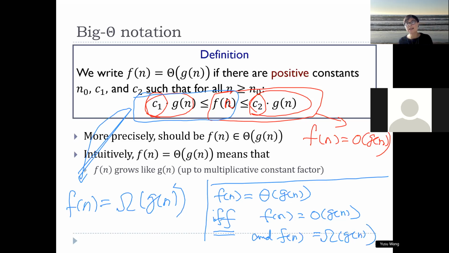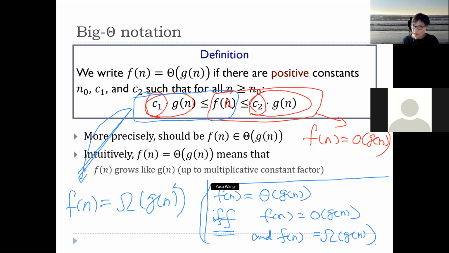This is like saying that for two numbers a and b, a equals b if and only if a is both bigger than or equal to b and smaller than or equal to b. But the difference here for functions compared to numbers is that the smaller than or bigger than is up to a constant. That's the only difference.